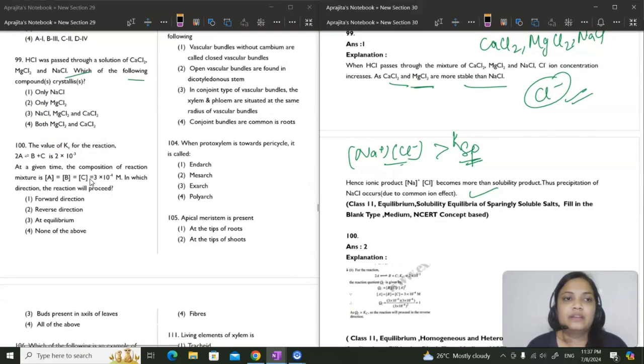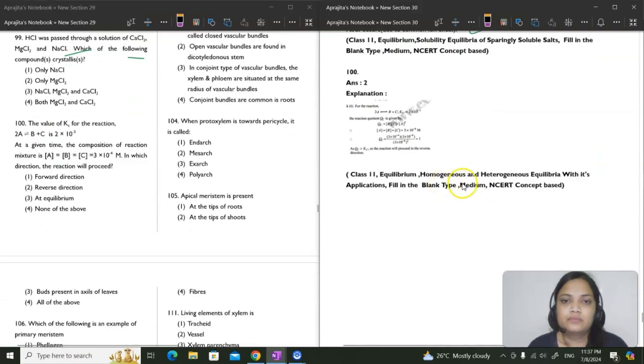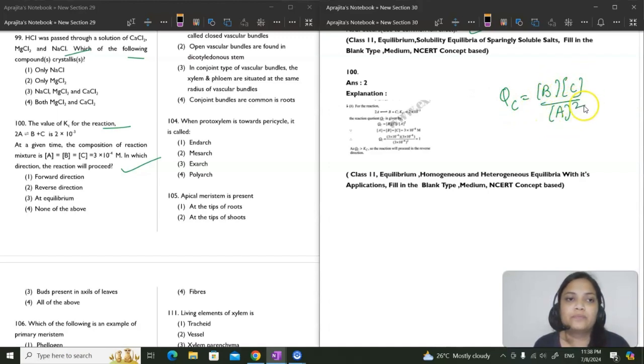All right, last question. The value of Kc for the reaction is given, and at a given time the composition is given. In which direction will the reaction proceed? Same kind of question we have just done. So find the value of the reaction quotient for this reaction, concentration of B into concentration of C upon A squared.